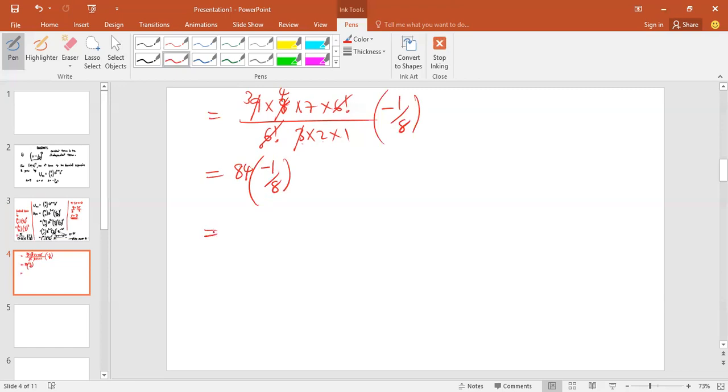Then it's easier to say this is negative 84 over 8. And 4 can go in here 2 times. Of course, it's negative. 4 in there is 1, so 21. 4 in there is 2. So 21 over 2, which is approximately negative 10.5. So that's the constant term.